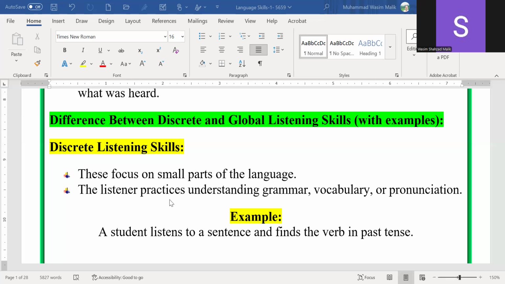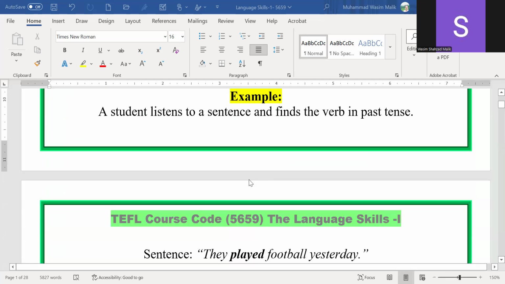The listener practices understanding grammar, vocabulary, and pronunciation. So that is what we call discrete listening, in which we focus on small parts of the language.